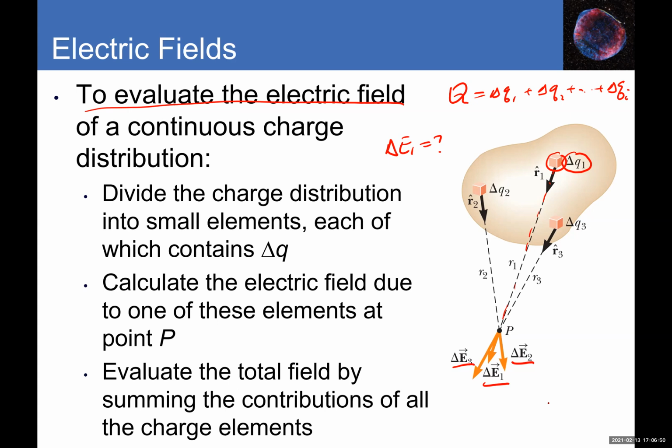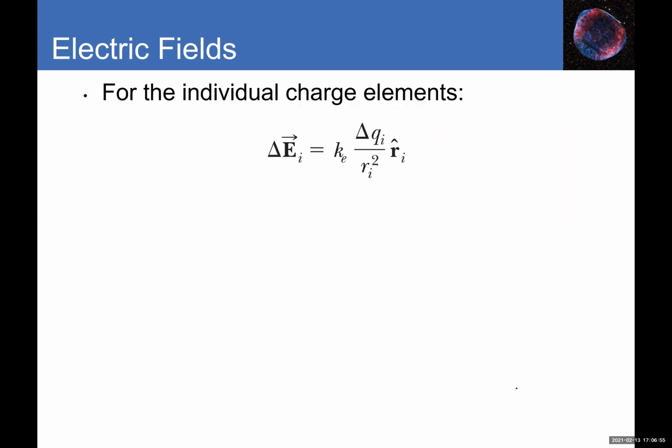Okay, so obviously you can see how tedious it can be if you have a large number of elements, but still each individual element's delta E sub I is the same equation that we had learned previously, which is K times the charge, which is in this case delta Q, divided by its distance R sub I squared, times the unit vector. Remember we said the electric field due to some point charge is K Q over R squared R hat.